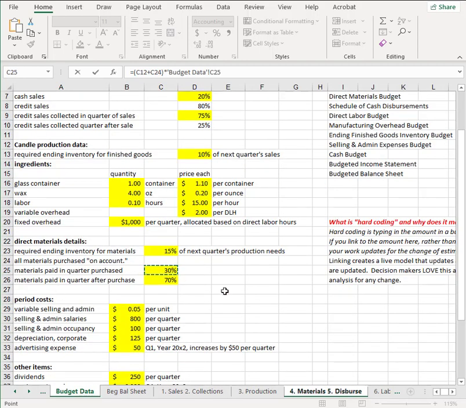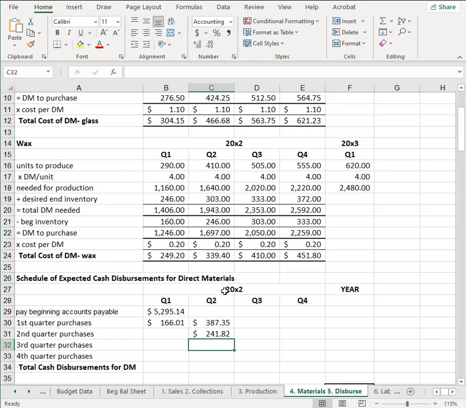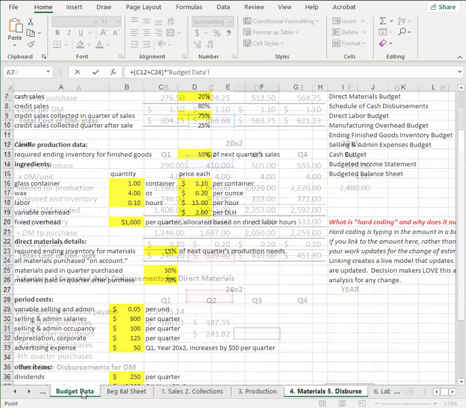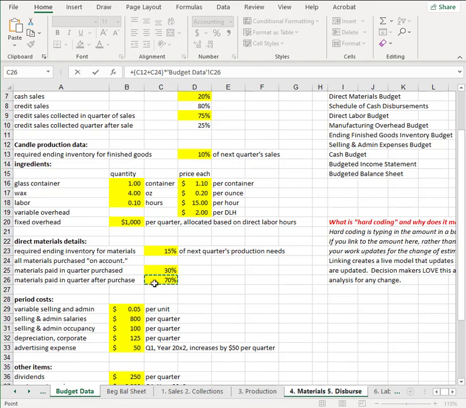And now I've got to pay the rest over here in quarter three. So that's going to be the purchases in quarter two added together times that percent that's going to be paid in the next quarter, in the quarter after the purchase.